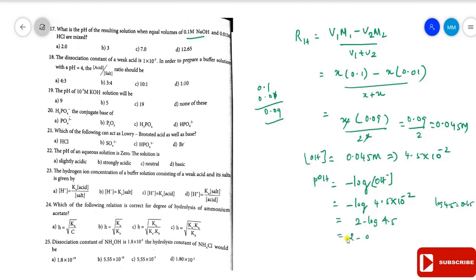So 2 minus 0.65 is 1.35. pOH is equal to 1.35. Then pH is equal to 14 minus pOH. So 14 minus 1.35 is equal to 12.65. Your answer is D.